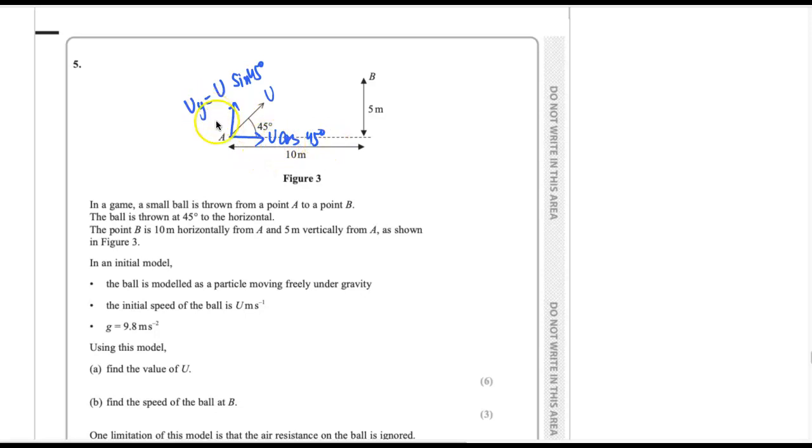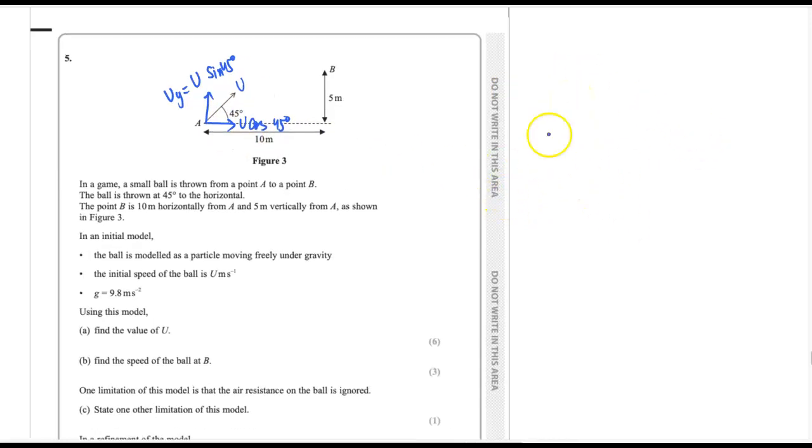This is ux and that is uy. As we've discussed in previous papers, every time I just divide it into two parts. So we have ux, which is u cos 45 degrees, and uy is given to us as u sine 45 degrees.